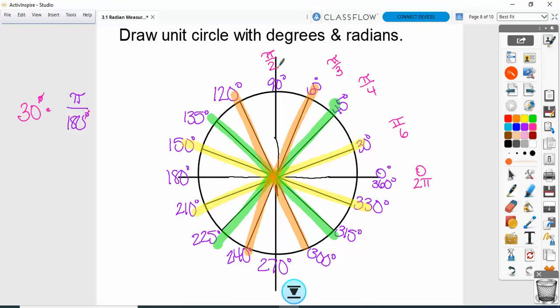Keep doing that. Let's see what we get. So 120, 2/6. All right, 135.